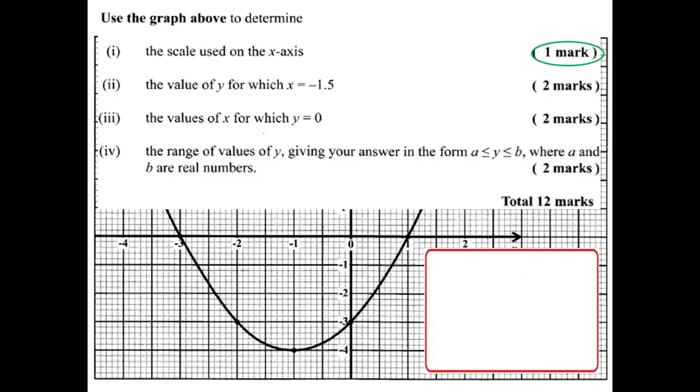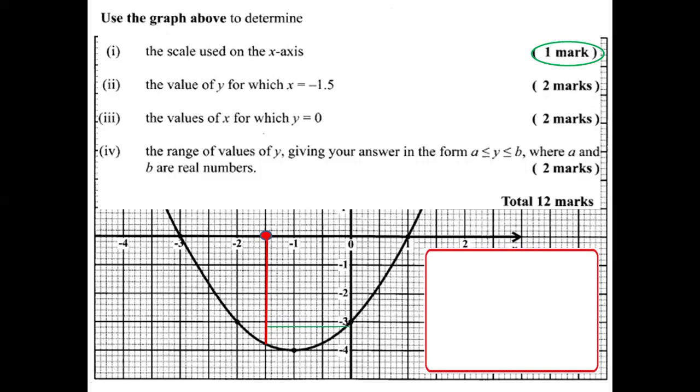The second question, the value of y for which x is -1.5. So let's pay attention carefully. -1.5 on the x-axis is right here. And we're trying to read the information from the graph. Therefore, at -1.5 on the x-axis, we look along to the y value. So this is -3. And the other line there will be -3.2.